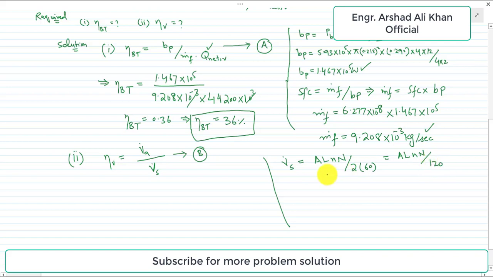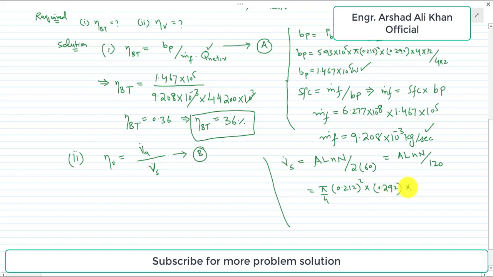Now putting the values in this expression, A is the area and it is pi by 4 d square. So pi d square, where d is 0.212 meter, divided by 4, into L. L is 0.292 meter.